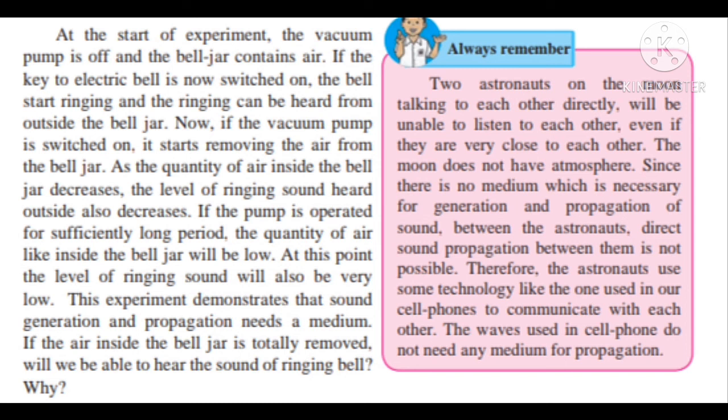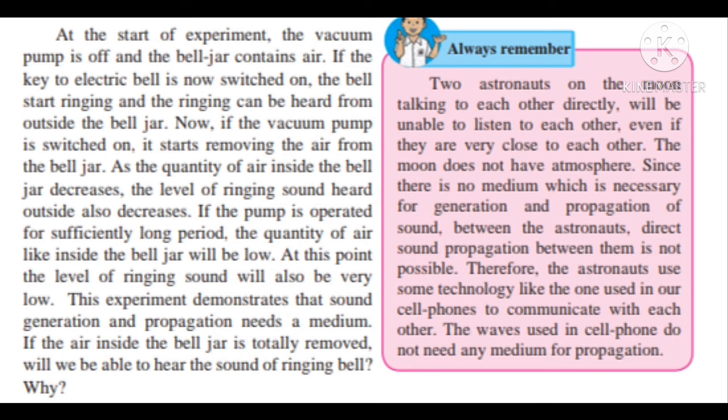We should always remember this: two astronauts on the moon talking to each other directly will be unable to listen to each other even if they are very close to each other. The moon does not have an atmosphere, and since there is no medium, which is necessary for generation and propagation of sound, between the astronauts, direct sound propagation between them is not possible.